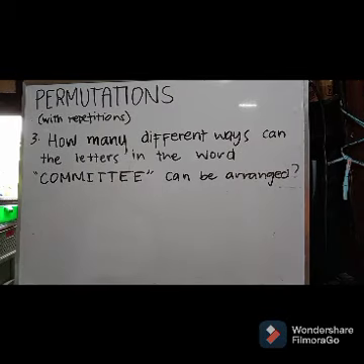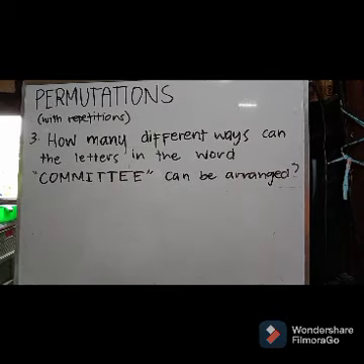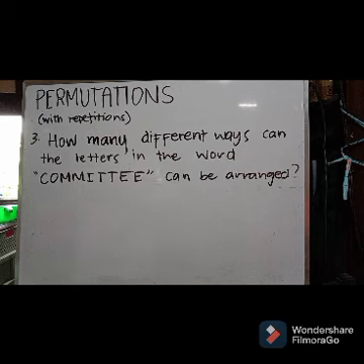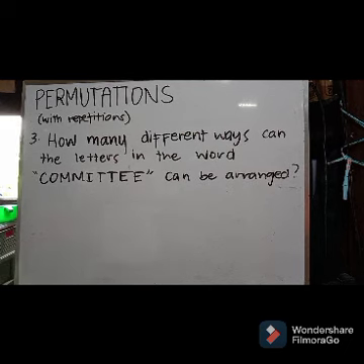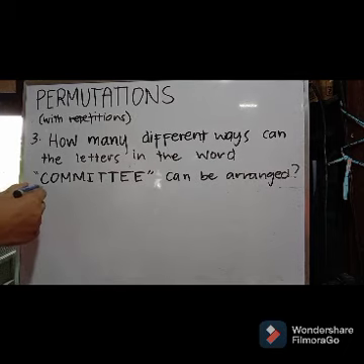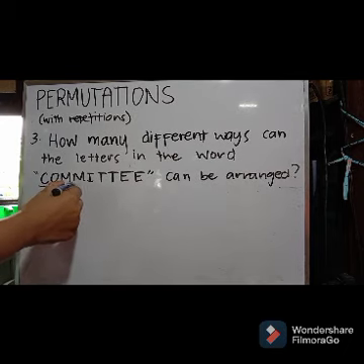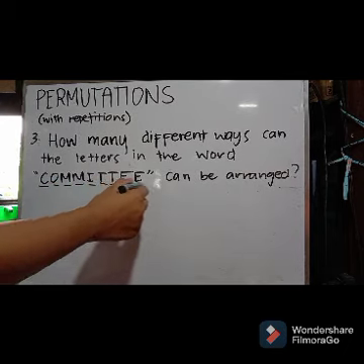Now for the third problem, concerning repetitions, particularly permutation with repetitions. Number 3 is how many different ways can the letters in the word committee be arranged. So the word committee has 9 letters: 1, 2, 3, 4, 5, 6, 7, 8, 9.